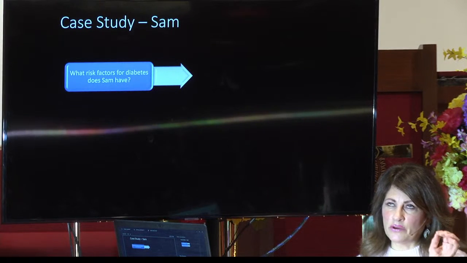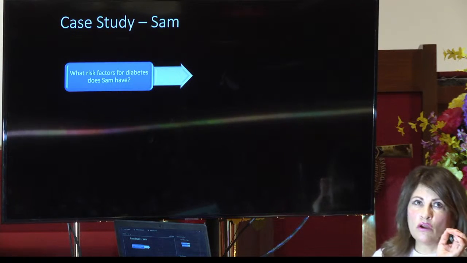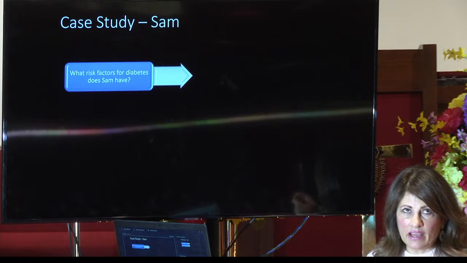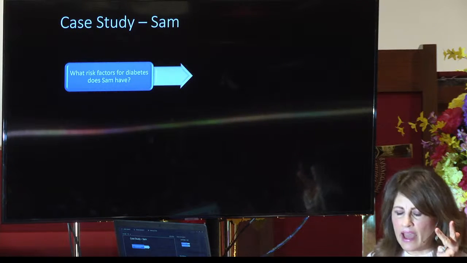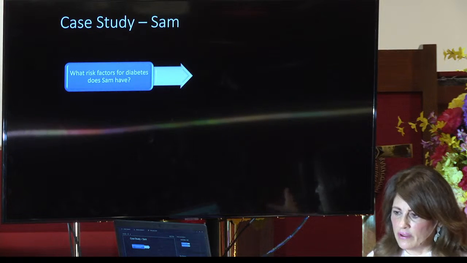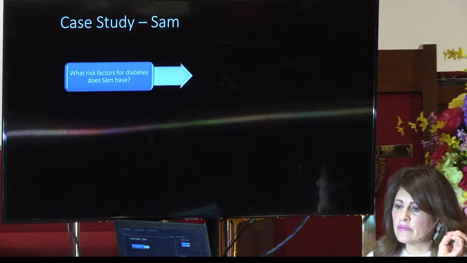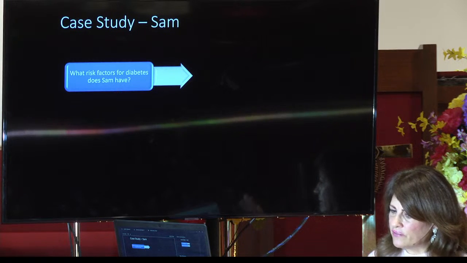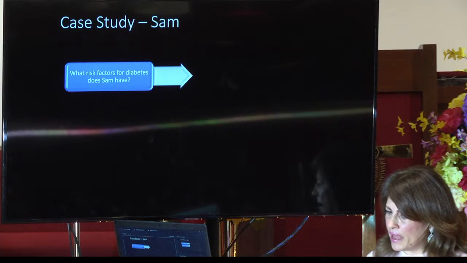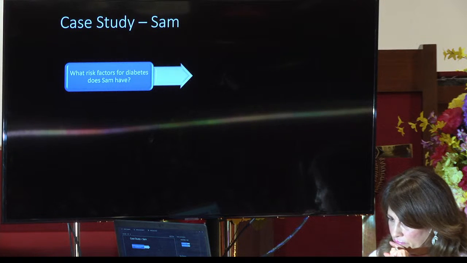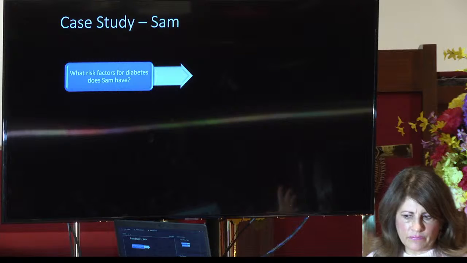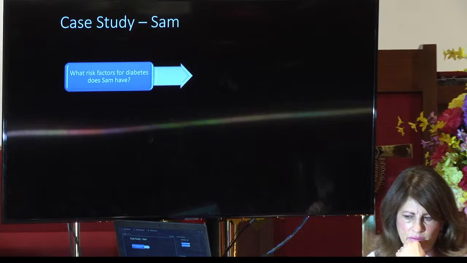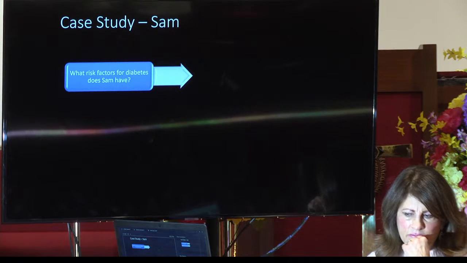So think about those things that we talked about: non-modifiable and modifiable. Age, race, ethnicity, very good. Family history. So what does he have? He's a 55-year-old African American male, works as an accountant. He's got some risk factors for diabetes here. Just by looking at that, what do you think?